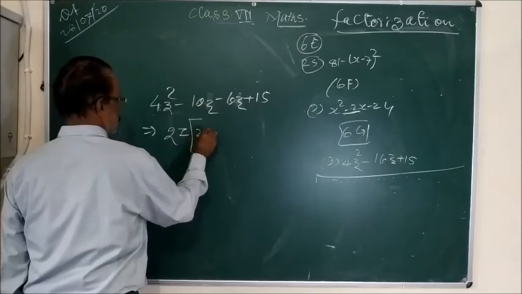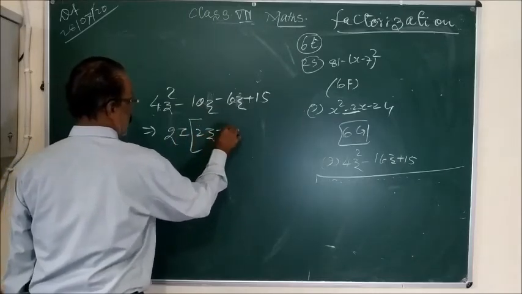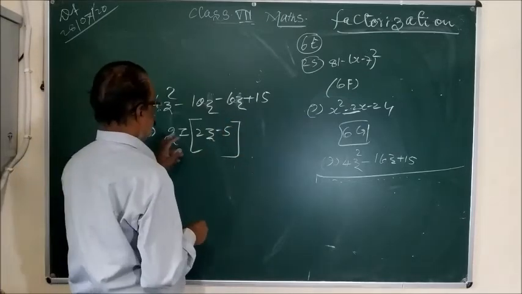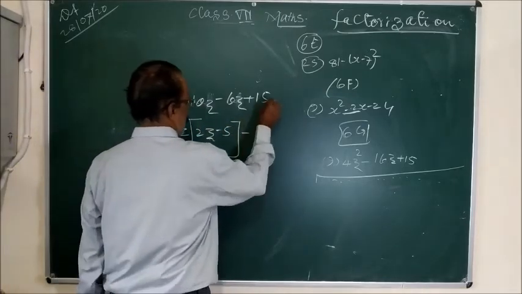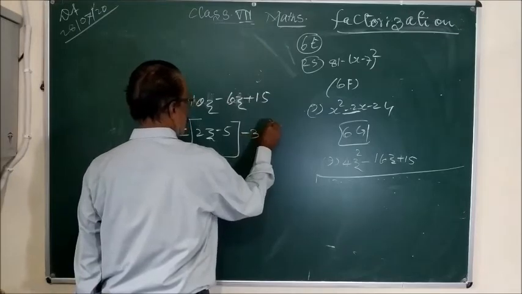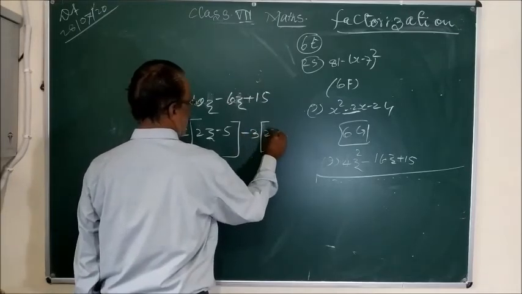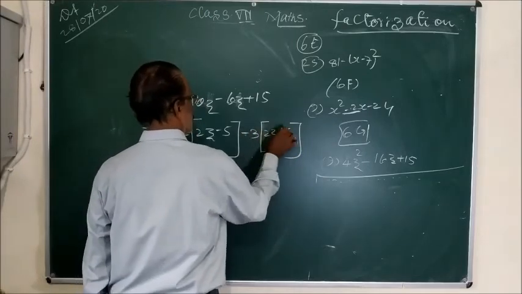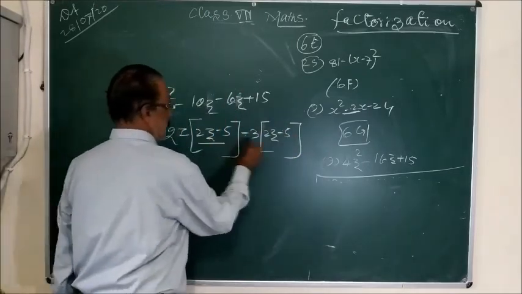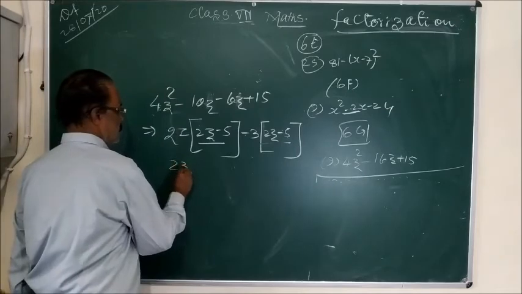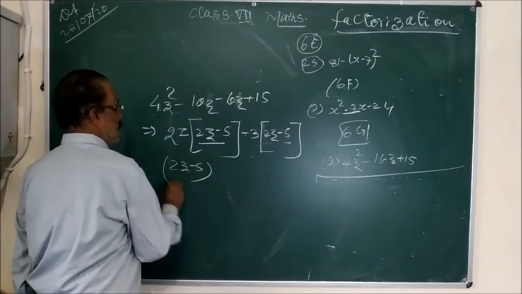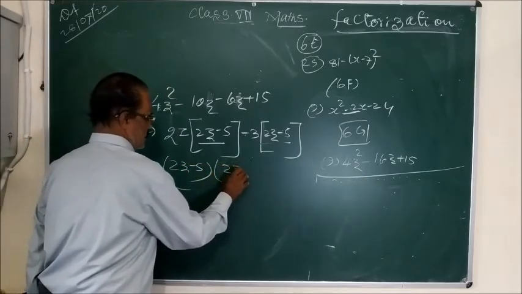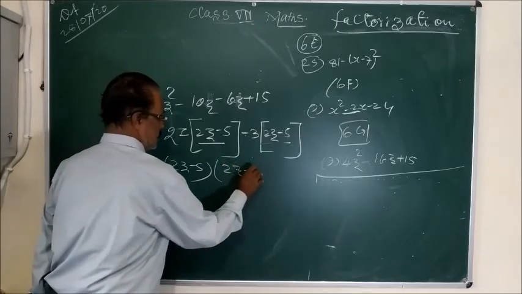Here will be 2z and here will be minus 5. 2z minus 5. Minus 3 common. ये इसमें हो जाएगा 2z और माइनस 5. ये माइनस हो गया क्योंकि इंटू करेंगे तो प्लस आएगा. ये देखिए सेम है.